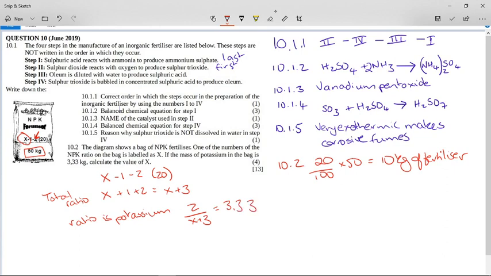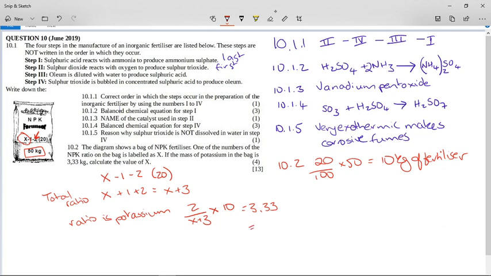Well, it's not actually equal to 3,33. It's 2 over X plus 3 of the total mass of fertilizer in the bag that is going to be equal to 3,33. That is the ratio, but we know that it is 2 potassium over the total ratio of only 10 kilos of fertilizer in the bag.